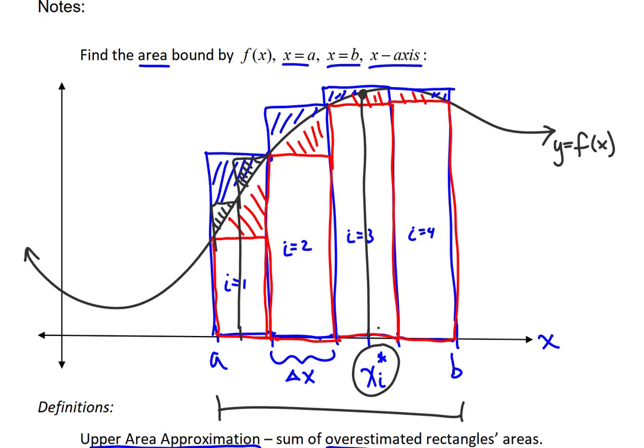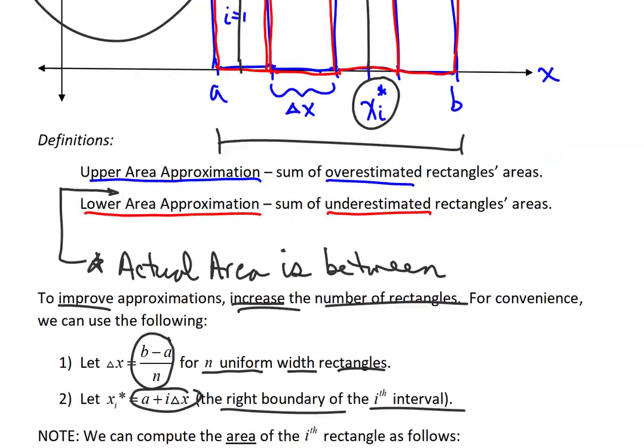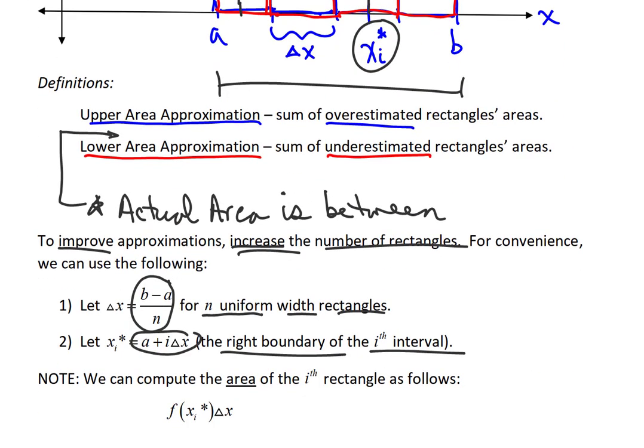So x sub i star in some cases in our picture was the right side, in some cases the left side. We're just going to say that for convenience, it doesn't actually matter in the end with our calculation where it is in the interval, so we're just going to call it the right boundary because it's the simplest algebraic calculation.